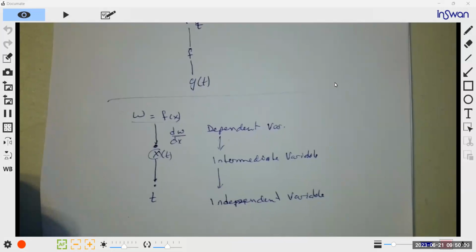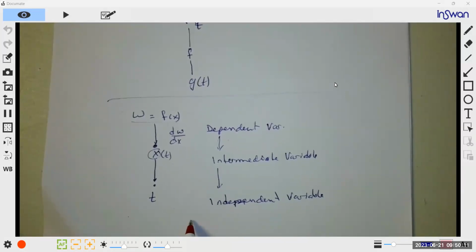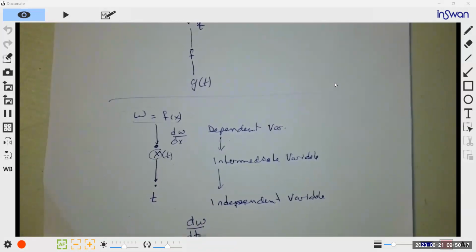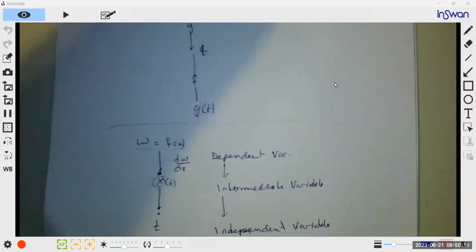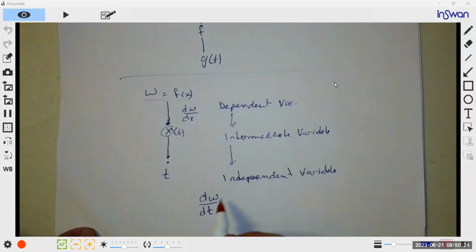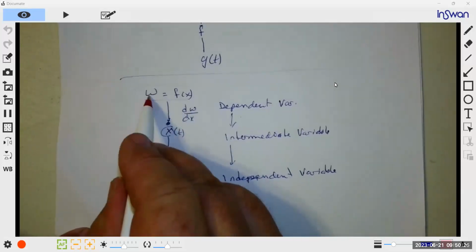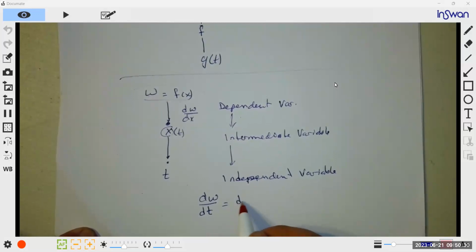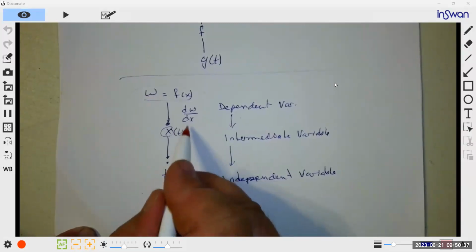So basically what this is showing us is if we were going to take a derivative of our function with respect to t, and we know that our function is also with respect to x, we first do the derivative with respect to x. That's what we did first.